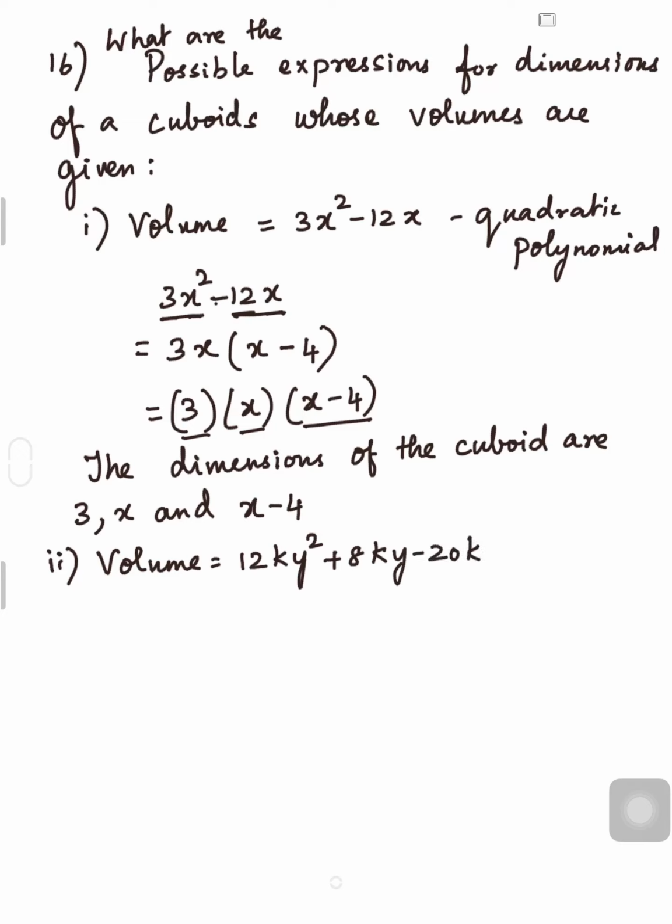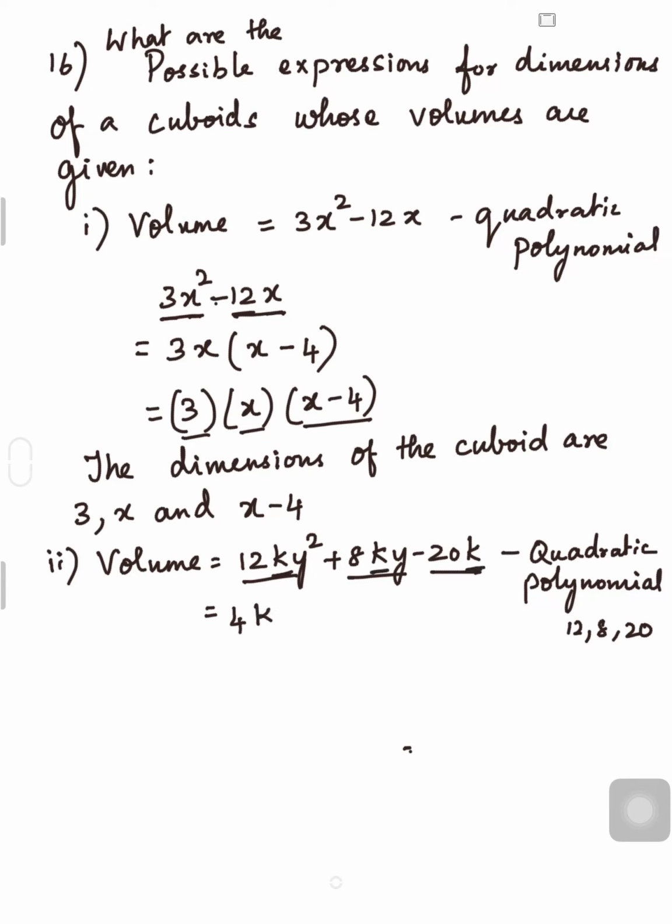So here again it is a quadratic polynomial. In all the 3 terms one thing is common. What is that? There is a constant common. For 12, 8 and 20, the constant which is common is 4, and k is also common here.